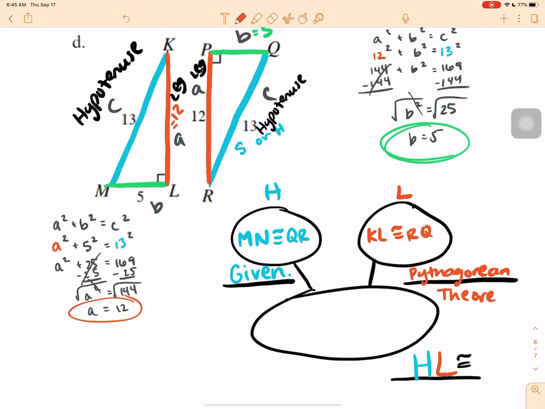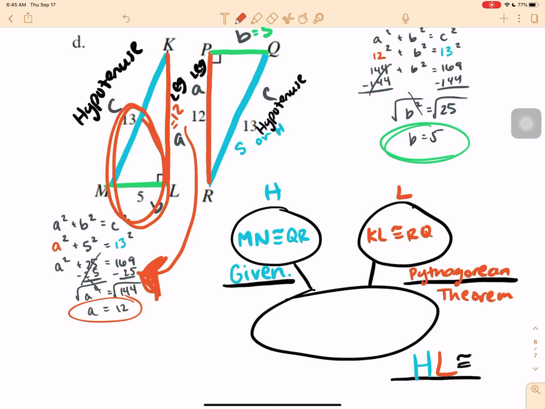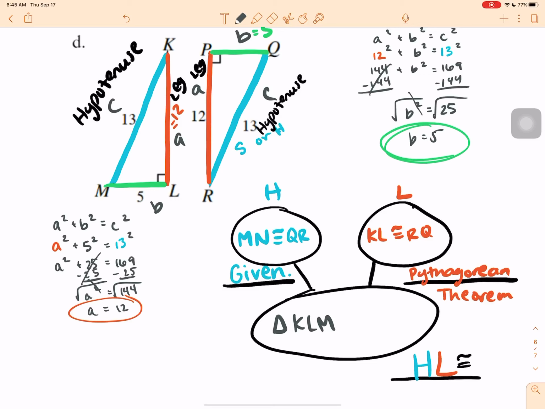We knew the 5 and 13, so that allowed us to solve for the 12 here, for that other leg. So we used the Pythagorean theorem. So now, knowing this, we know that triangle KLM is congruent to triangle RQP.